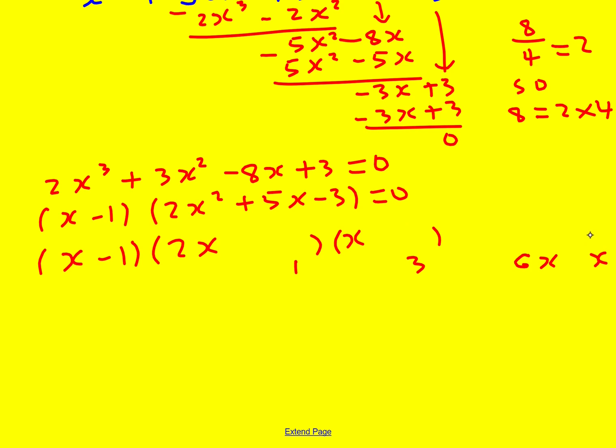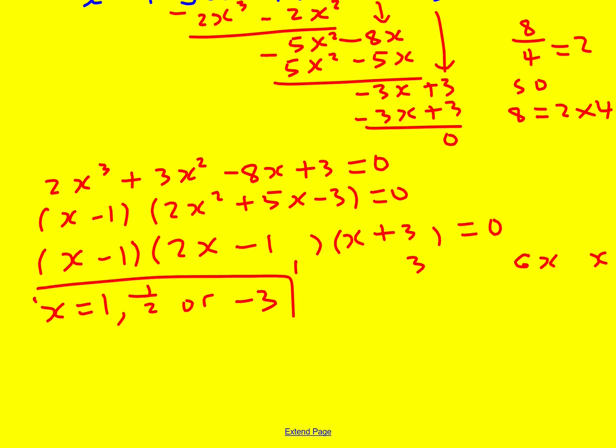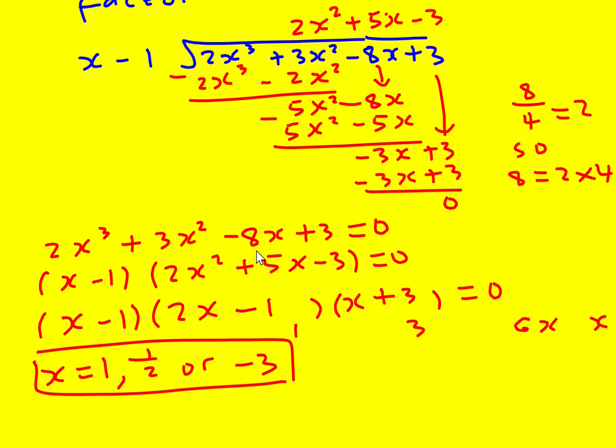So that will work if I make this plus 3 and minus 1, and this is equal to 0. So x equals 1, and then when this bracket is 0, x is equal to a half, or minus 3. And that's my answer, these 3 solutions.